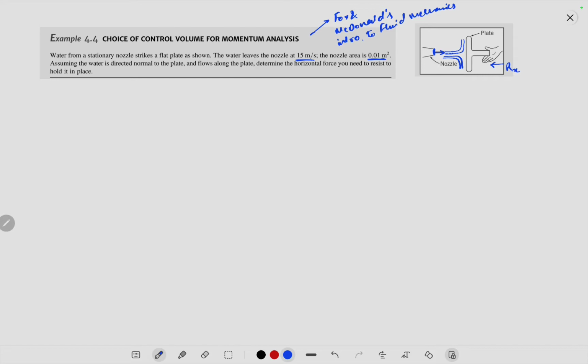Let's call it Rx. What is the amount of force Rx that you have to provide on this plate so that the plate is stationary?